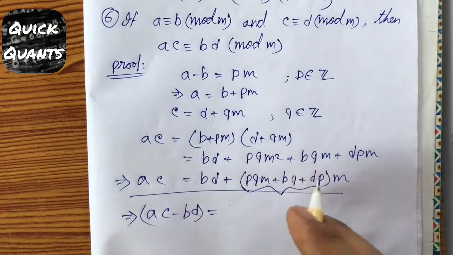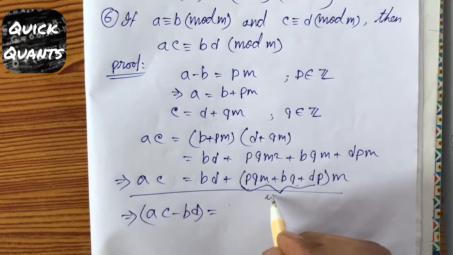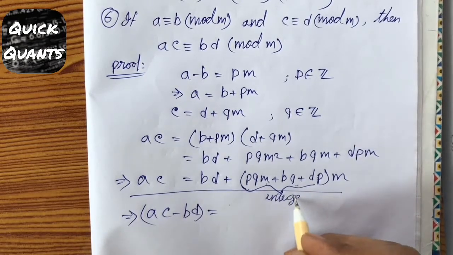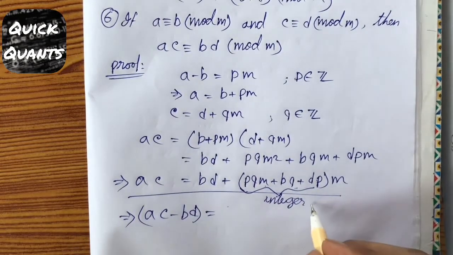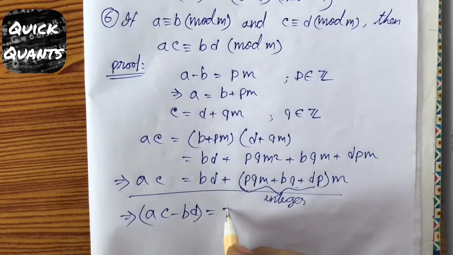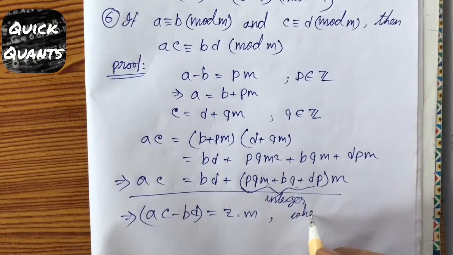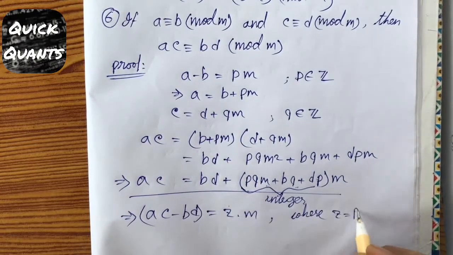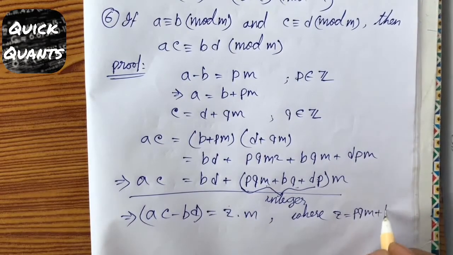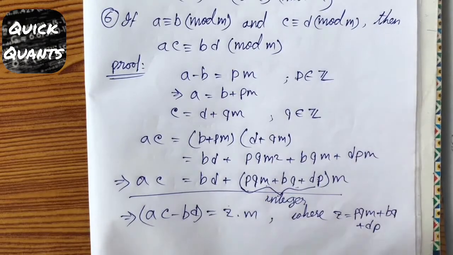PQM, BQ, DP are all integers, so this term is also an integer, and we can call it Z. So it becomes Z into M, where Z equals PQM plus BQ plus DP.